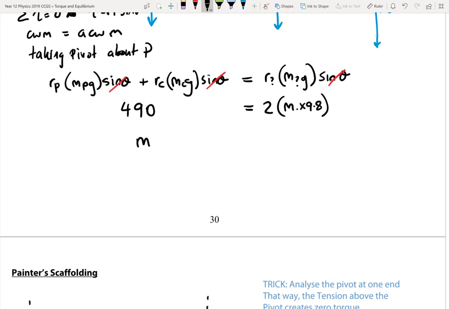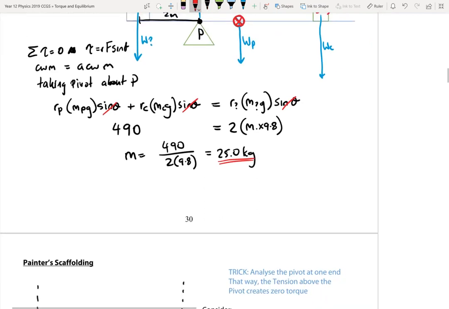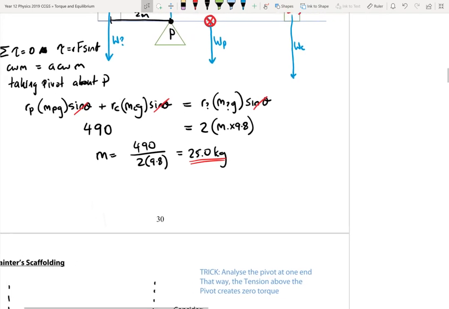So our M is going to be the clockwise moment divided by Rg, or 490 by 2 by 9.8. The mass becomes 25.0 kilograms. That is the mass that would produce rotational equilibrium.